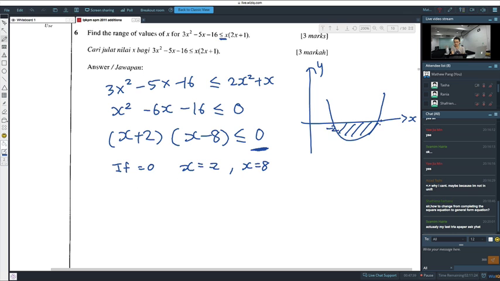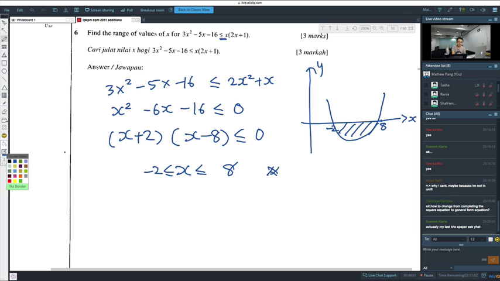So I will have negative 2 and 8 here. But in this case, obviously it's not equal to 0 because it's an inequality. So the value must be between negative 2 and 8, so your x value should be between negative 2 and 8. This is your final answer.